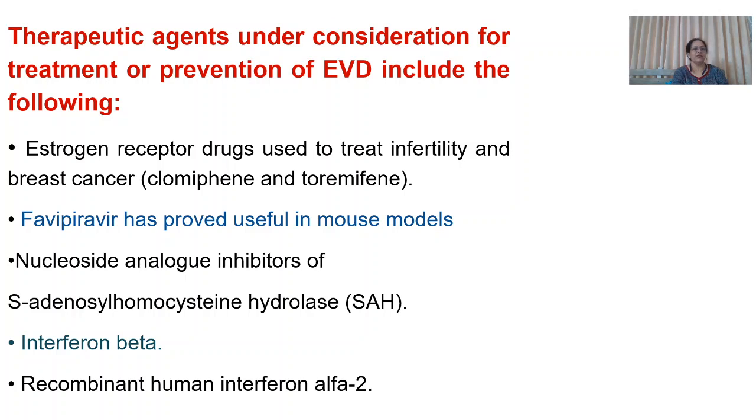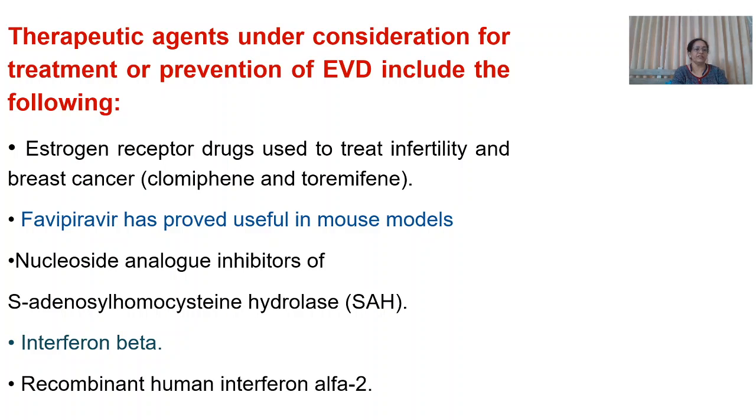Clomiphene and toremifene are examples of such estrogen receptor drugs. Next one is favipiravir. This favipiravir has proved useful in mouse models, that is, use of it in experimental animals.